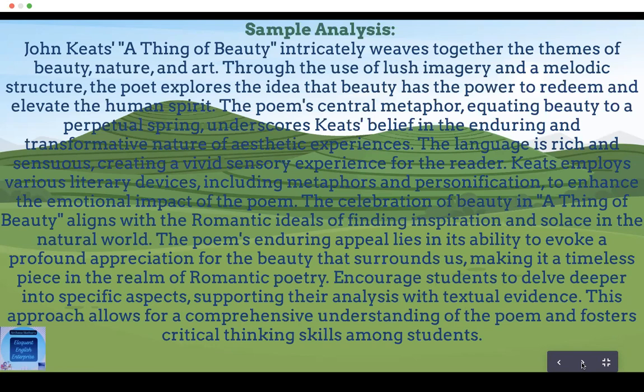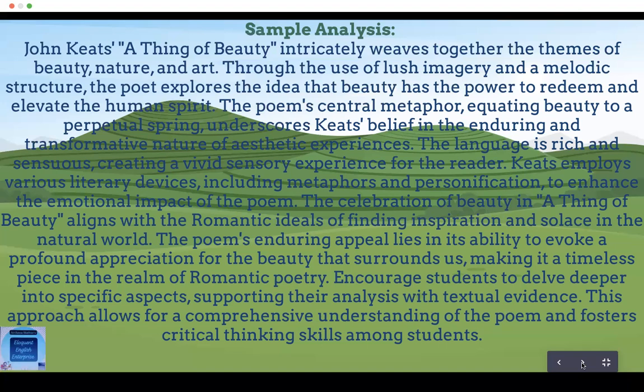Keats employs various literary devices, including metaphors and personification, to enhance the emotional impact of the poem. The celebration of beauty in A Thing of Beauty aligns with the romantic ideals of finding inspiration and solace in the natural world. The poem's enduring appeal lies in its ability to evoke a profound appreciation for the beauty that surrounds us, making it a timeless piece in the realm of romantic poetry.